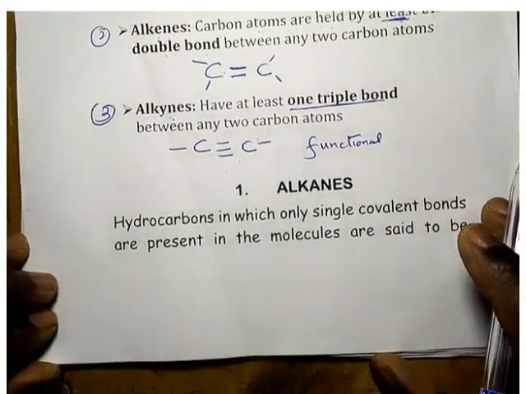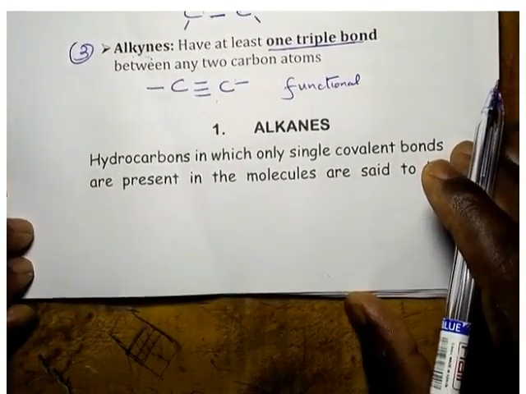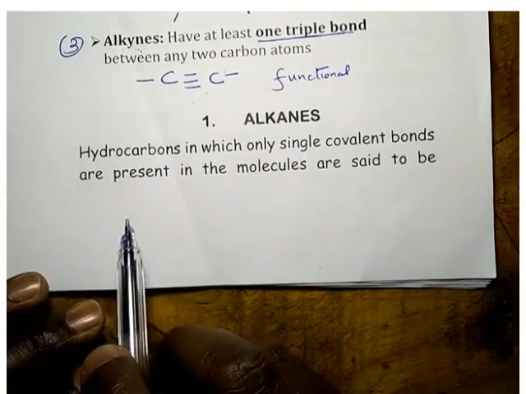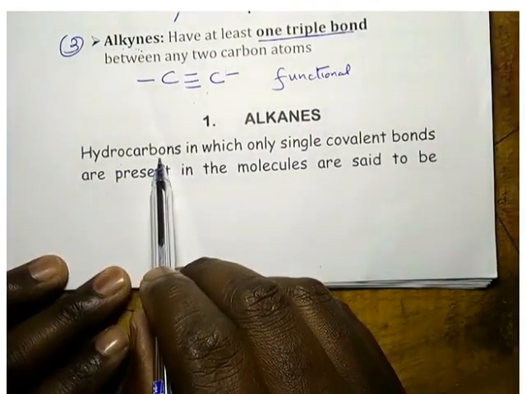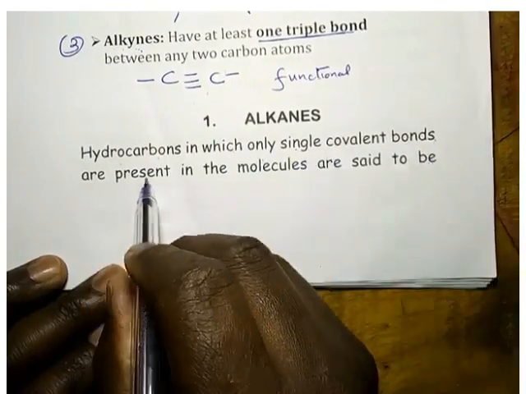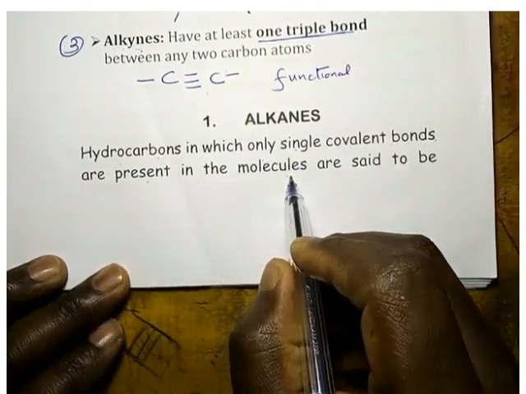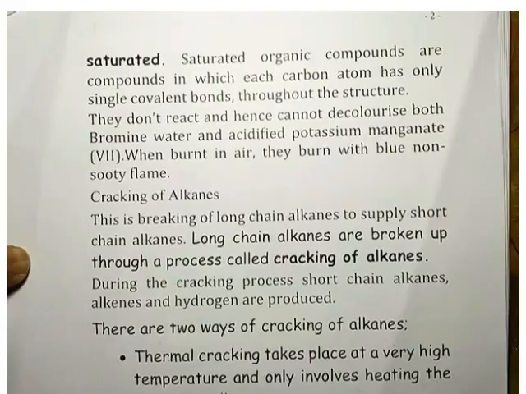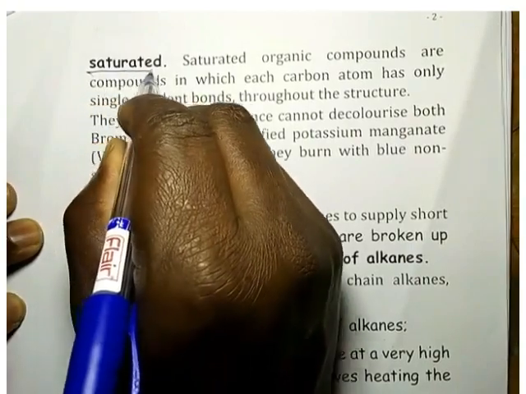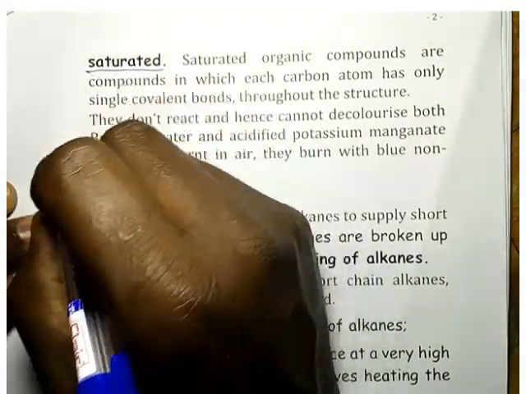So let us move ahead very fast. I don't want to take much of your time. Let us look at the alkanes. We have said these are hydrocarbons in which only a single covalent bond is present in the molecules. Alkanes are said to be saturated. What do we mean that they are saturated?